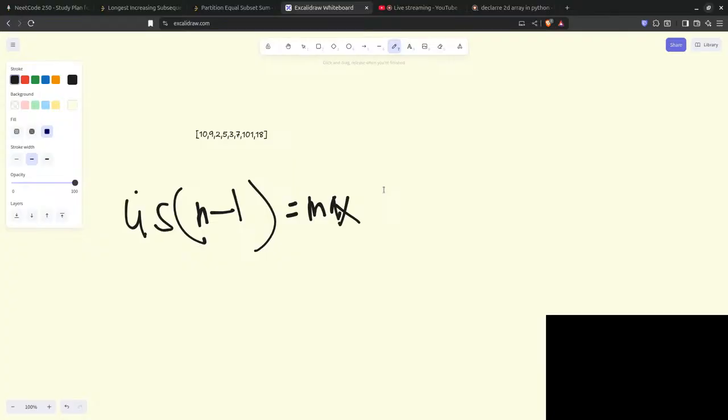J in range. What should I do then? J in range.